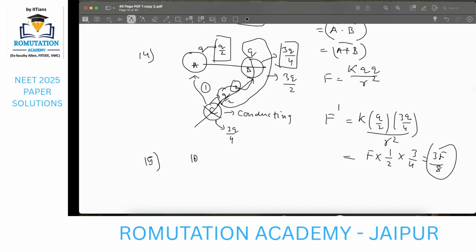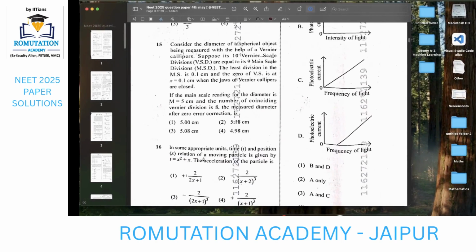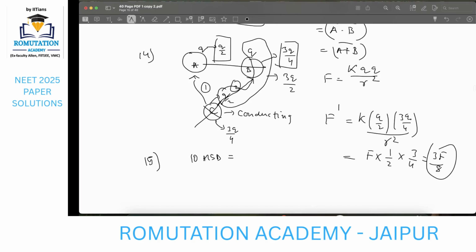When 10 main scale divisions match, right, it says 10 main scale divisions, but how can main scale divisions be smaller? The main scale divisions are bigger, right? So this has to be VSD. So 10 VSDs are going to match with 9 MSDs.